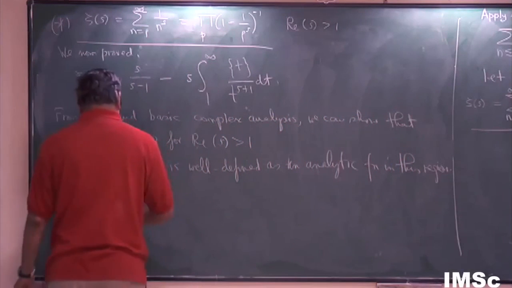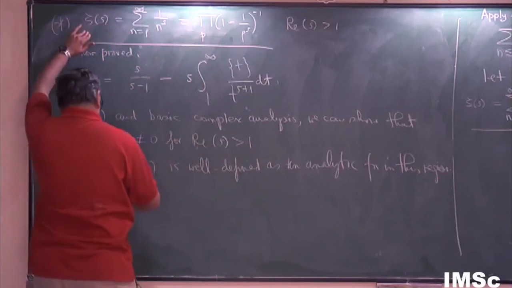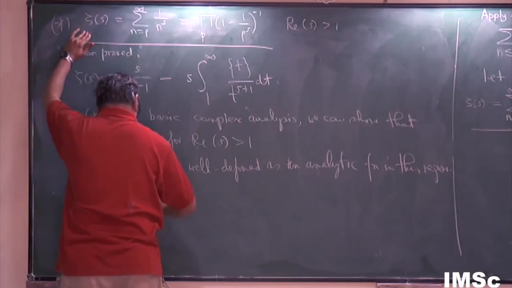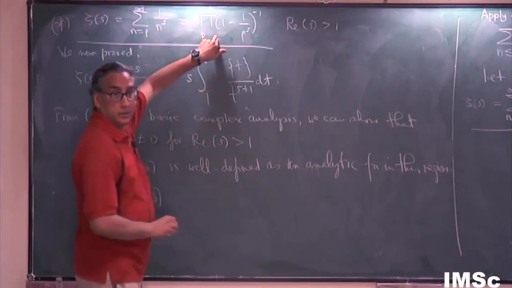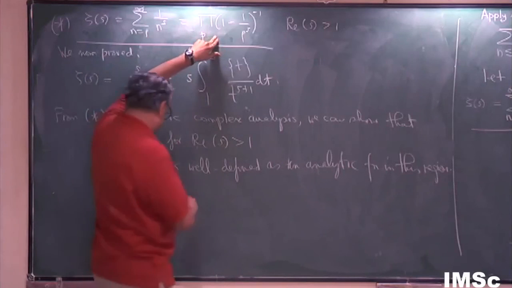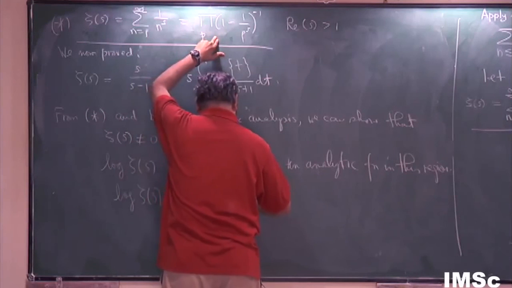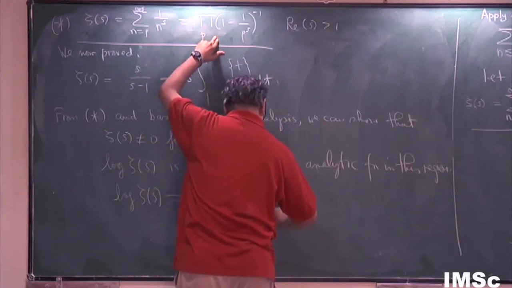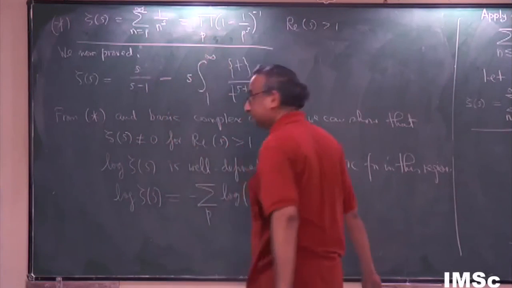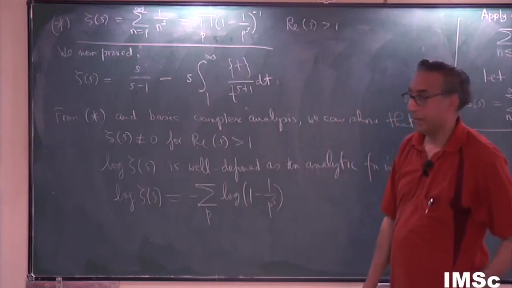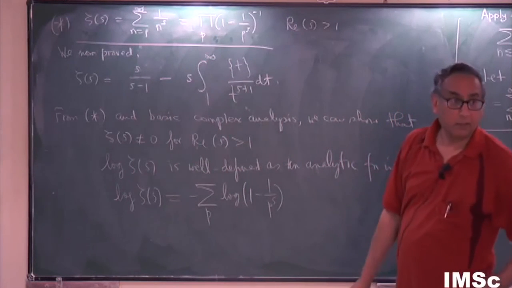So let's write down what the log is. Log of zeta of s is given by the log of this product. Okay? And you know how to expand minus log of 1 minus x.